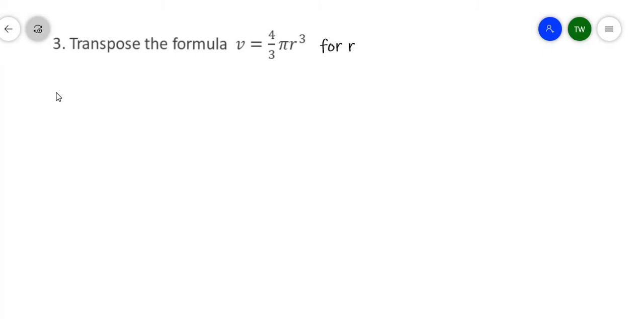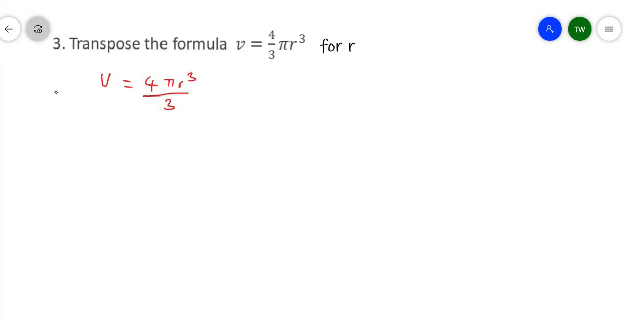Now to example number 3. Transpose the formula v equal 4 over 3 pi r cube for r. Right? So we know we want to transpose the formula v is equal to 4 pi r cube all over 3 for r, meaning that we want to make r the subject.